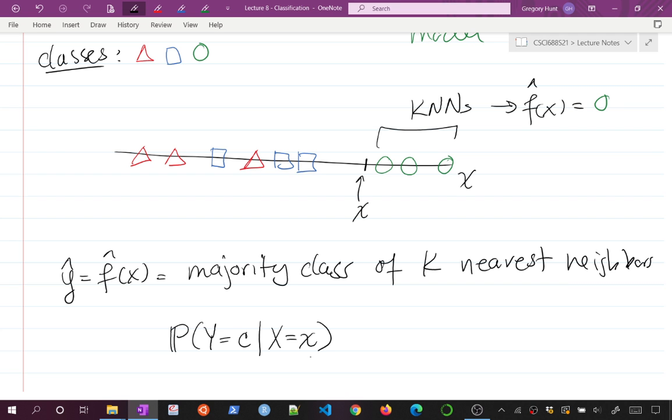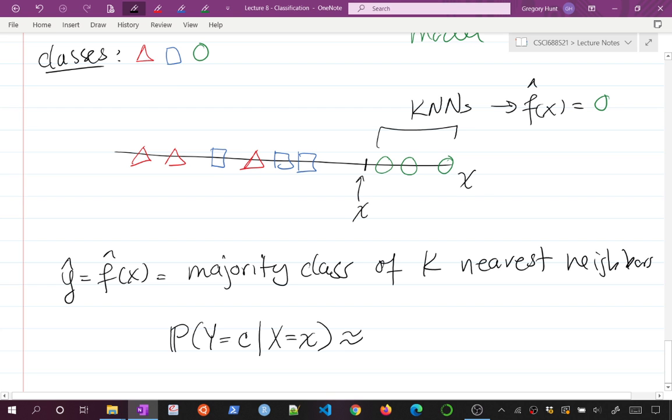I want to calculate this for each of my classes, and then choose the class, little c, with the maximum value. Let me write this on the other side.